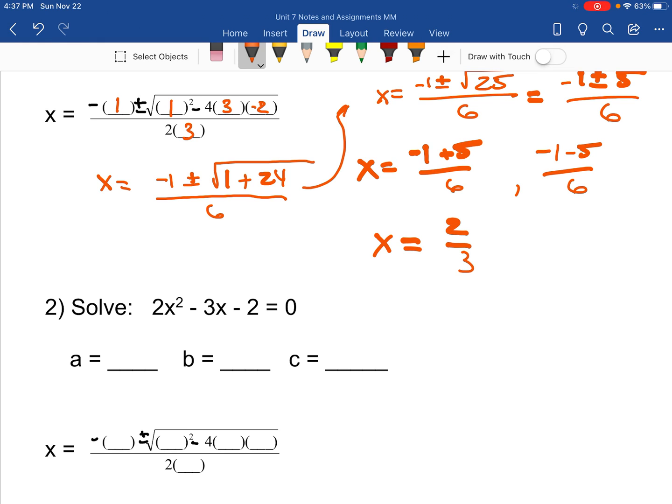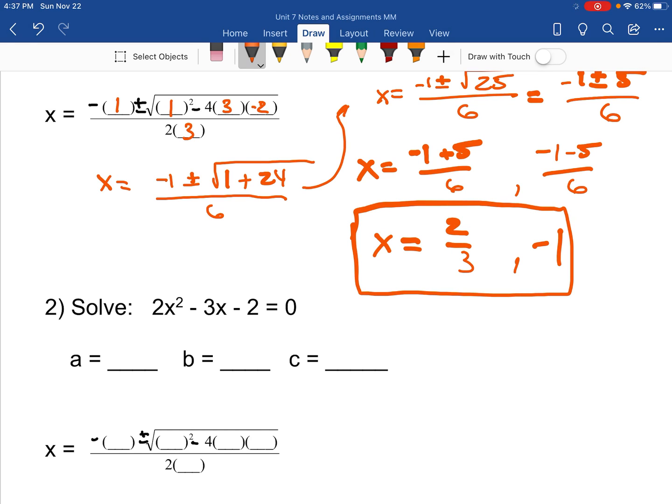And then negative 1 minus 5 is negative 6 over 6, which is negative 1. Okay, so our 2 answers are x is equal to 2/3 and x is also equal to negative 1. So those are our answers.